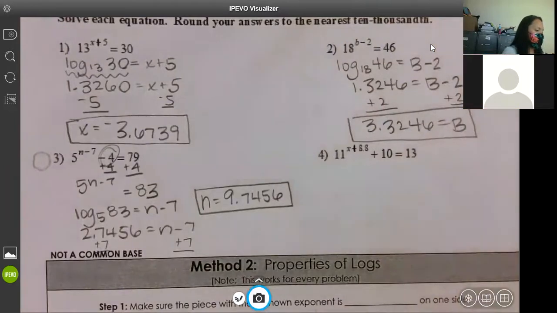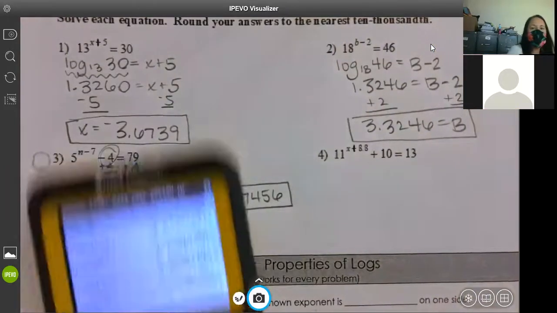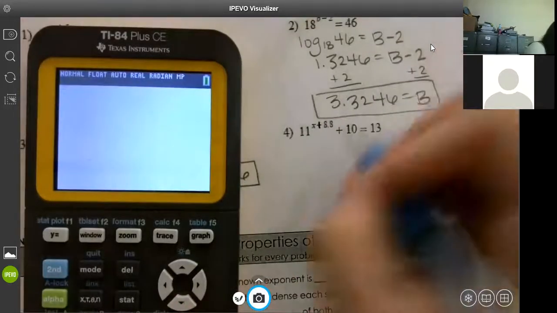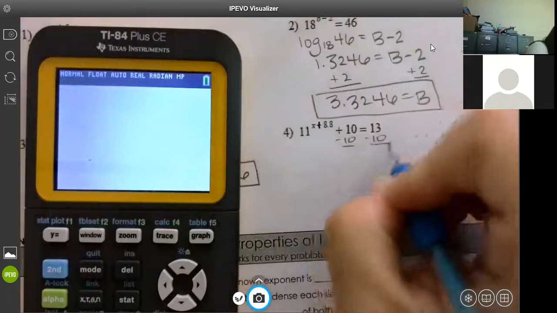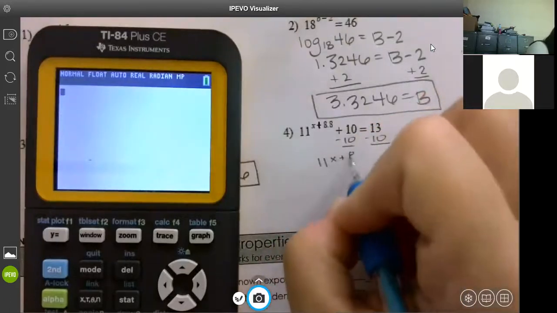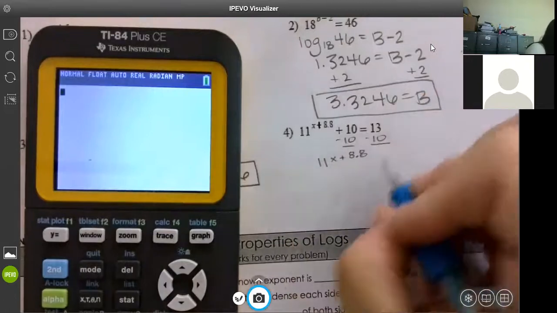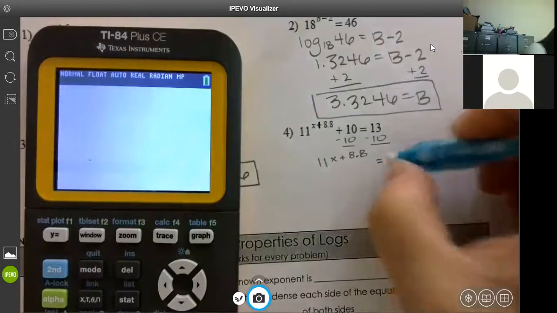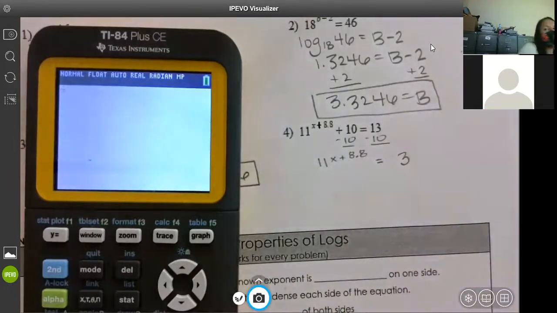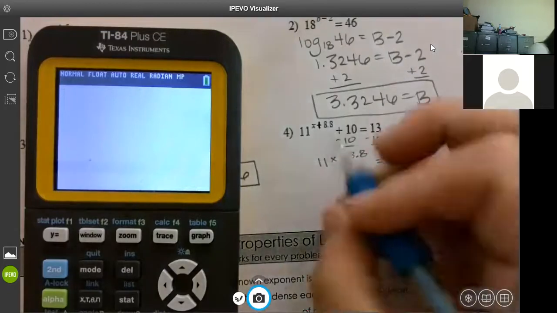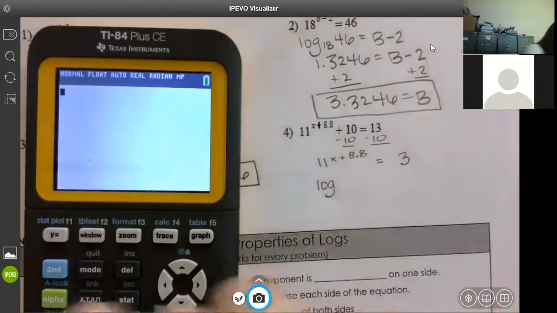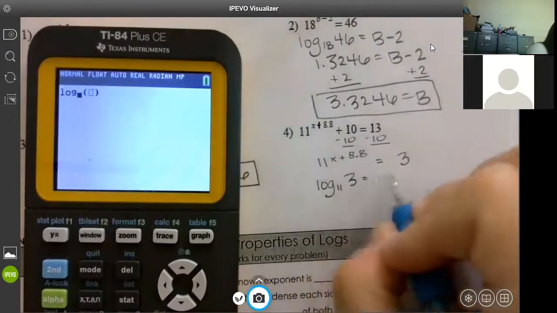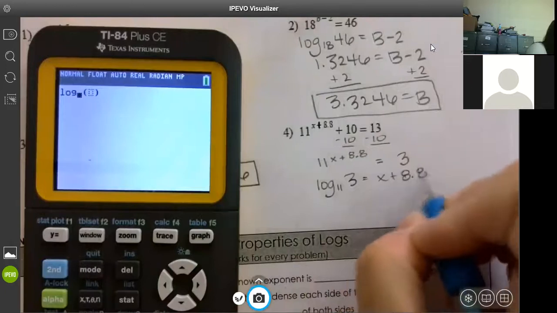All right. We get number 4. How do I solve number 4? Get rid of that 10. 11 to the x plus 8.8 equals 3, sorry, I didn't mean to put the negative. We're going to change the form. Log, push your left, right, equals x plus 8.8.